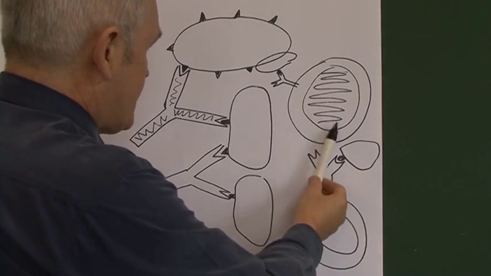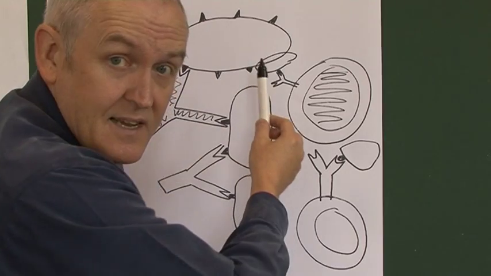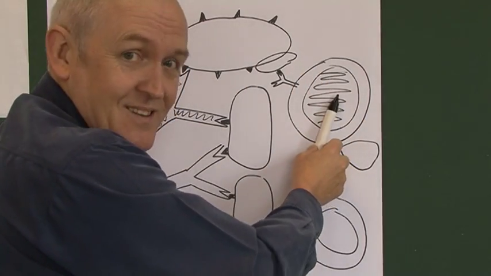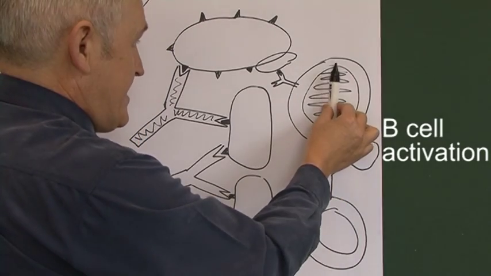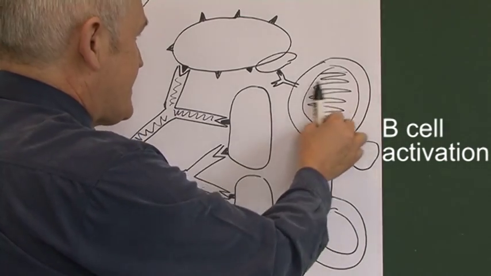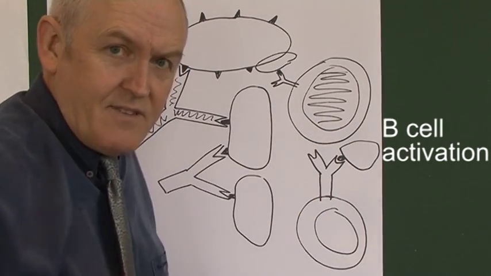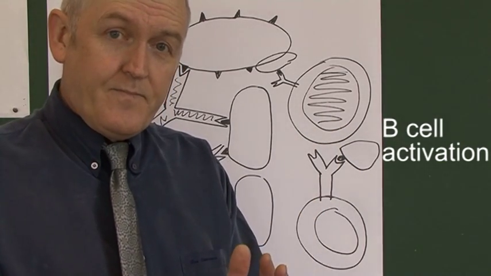Now, when the specific antigen fits onto the antibody on the surface of the B cell, this activates the B cell. So once the B cell has been selected by this antigen, the B cell is activated. And what the B cell then does is it divides into two.